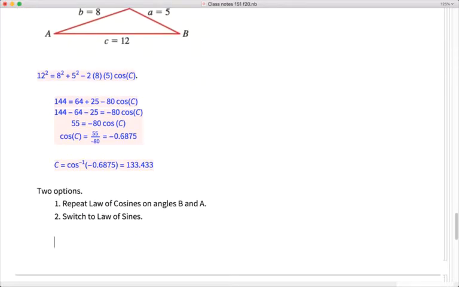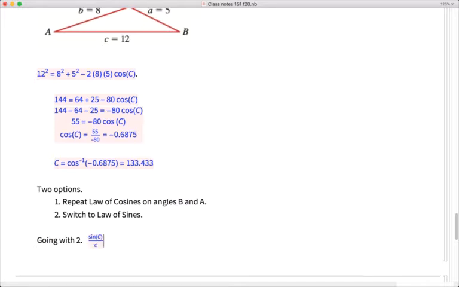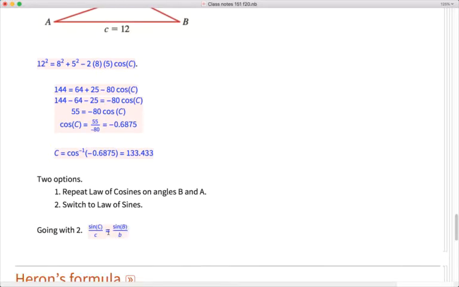I was going to type cosine, but this is law of sines now. So sine of C divided by c should equal sine of B divided by b, I'll do it in symbols first. Oh shoot, sorry.